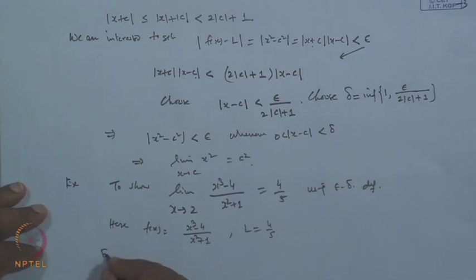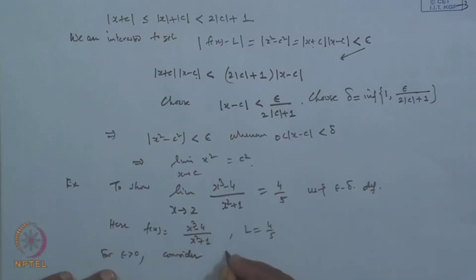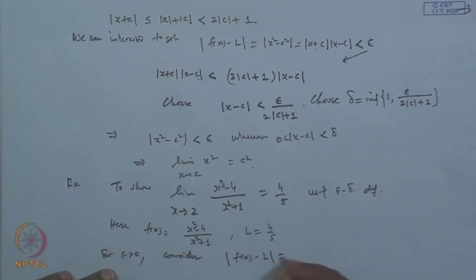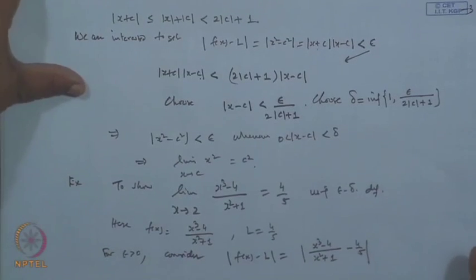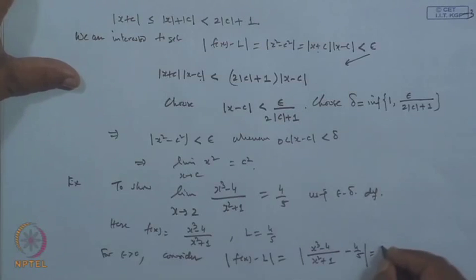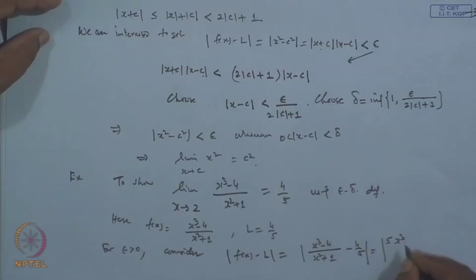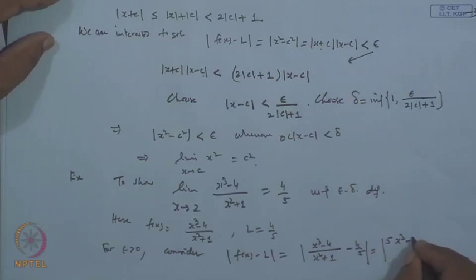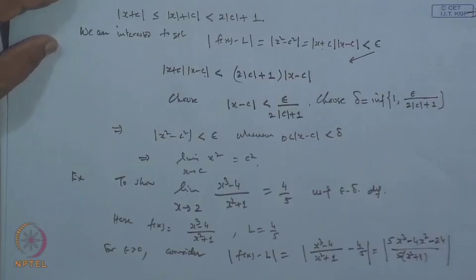So, for given epsilon greater than 0, let us consider first the difference f(x) minus L. This f(x) minus L is (x cube minus 4) over (x square plus 1) minus 4 by 5, and if we solve it, the value will come out to be |5x cube minus 4x square minus 24| divided by |5(x square plus 1)|.